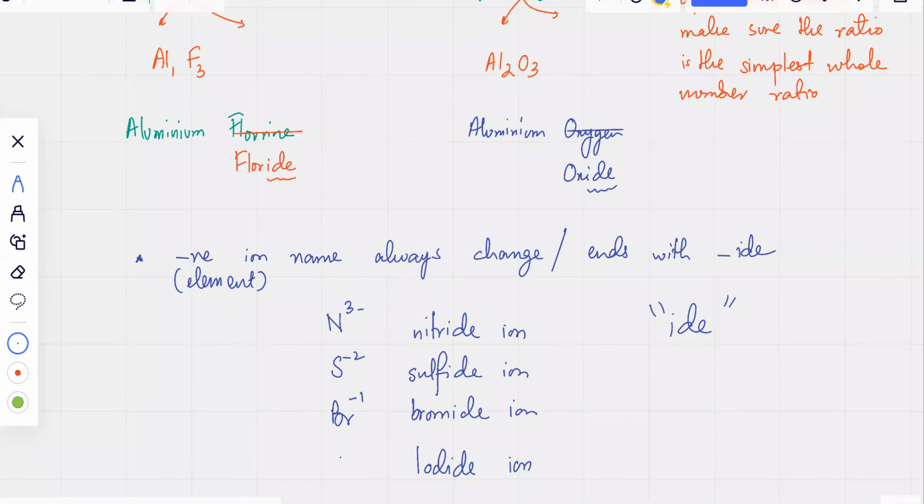It's the negative ion of iodine. ठीक है, तो अगर IDE लिखा हुआ है, उसका मतलब है खाली वो एलिमेंट होगा. It's going to be only the element, लेकिन उसका आयन फॉर्म, नेगेटिव आयन. ठीक है, so remember what does IDE mean.